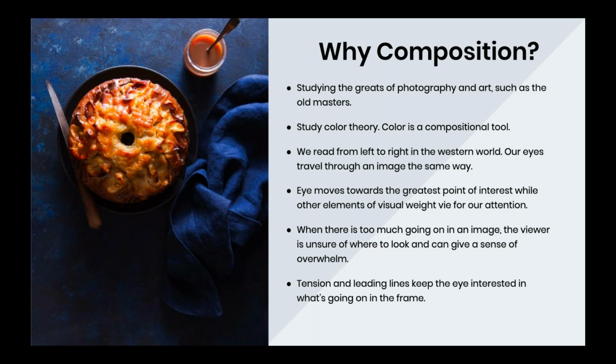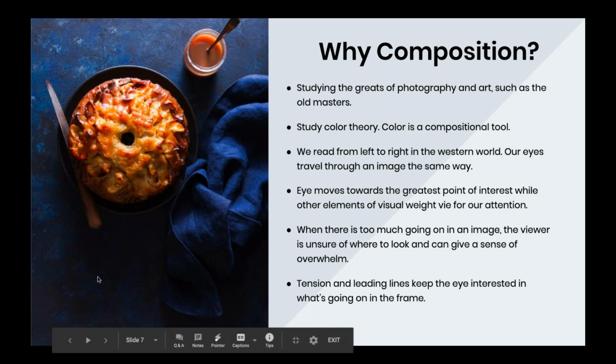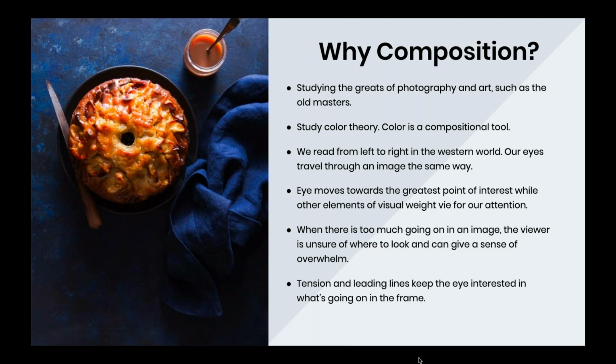It's most important to have the heaviest visual weight on the subject, but the other items are also going to give some weight. And what you might notice in this image at the bottom is we have quite a bit of negative space, and negative space is also considered an element in photography. So it has some visual weight as well. And I'll be talking a little bit more about negative space as we go through the slides too.